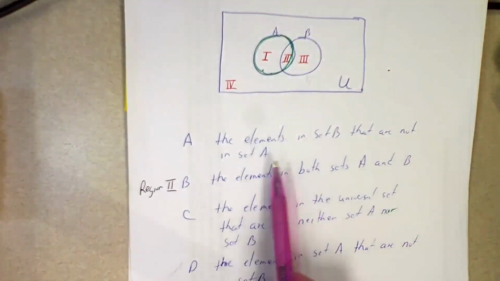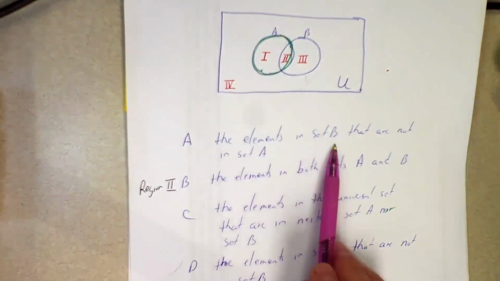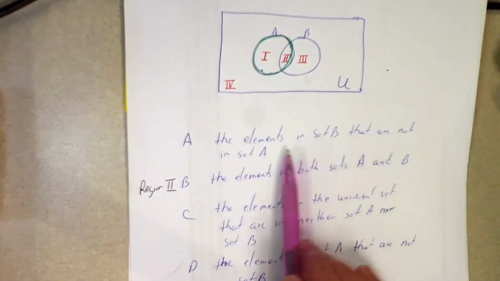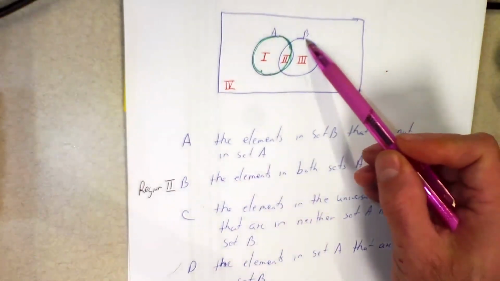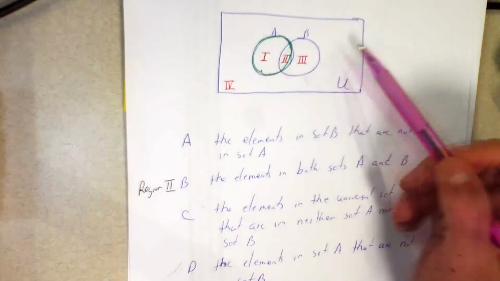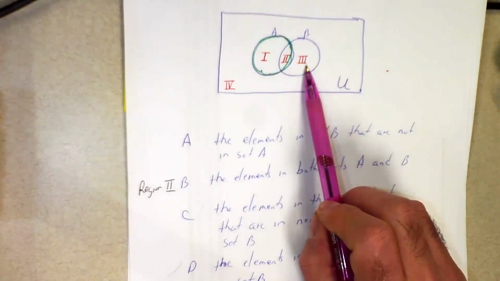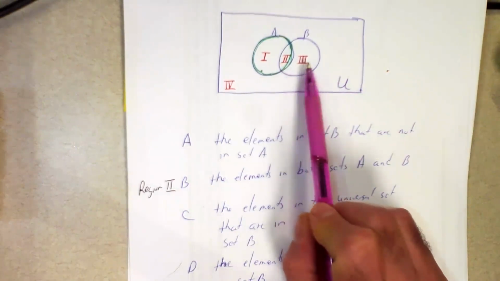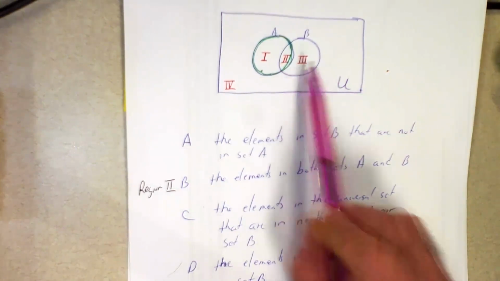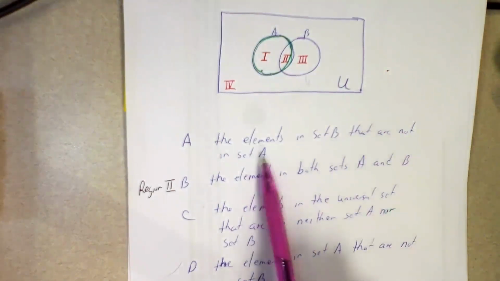All right, so let's see if we can identify letter A. We're going to go backwards. So the elements in set B that are not in set A. Let's look at B, and we want the regions that contain only B. I don't want the region that is also in A. So it's either going to be 2 or 3, but I only want the region that only contains set B and is not in set A. So they don't want it to overlap.